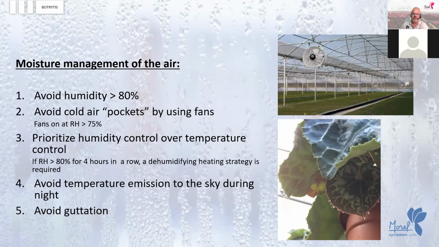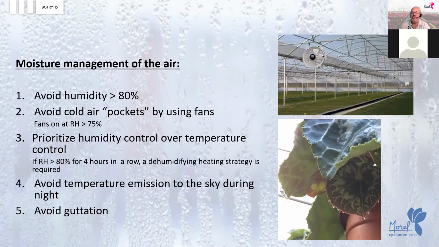But even more important to prevent botrytis from happening, it's the most important thing, is managing the moisture of the air. And my theory is that if the air humidity touches 80% or goes above 80%, the likelihood that the humidity inside the canopy of the plant is getting closer to 100% is increasing.